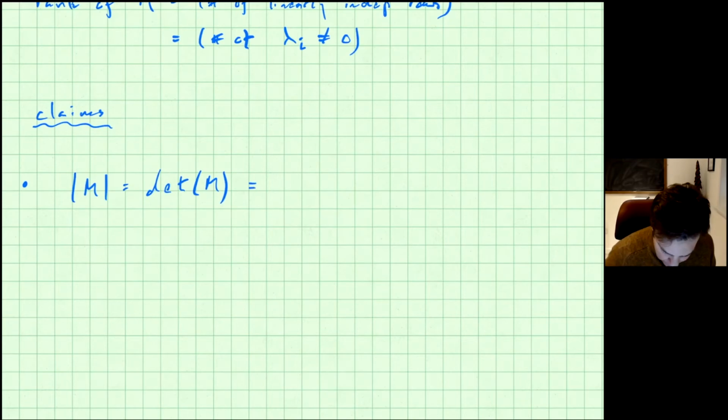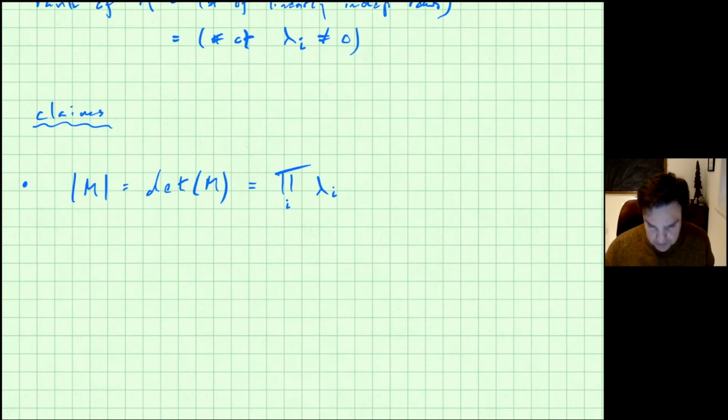This is actually equal to, and again, this is just a claim, the product over all i of the eigenvalues. So that's a special result. This gives you a way to compute the determinant, whereas before I gave you a relatively elaborate procedure that worked by reducing the dimensions down to 2 by 2 matrices, and then you could do 2 by 2 determinants.